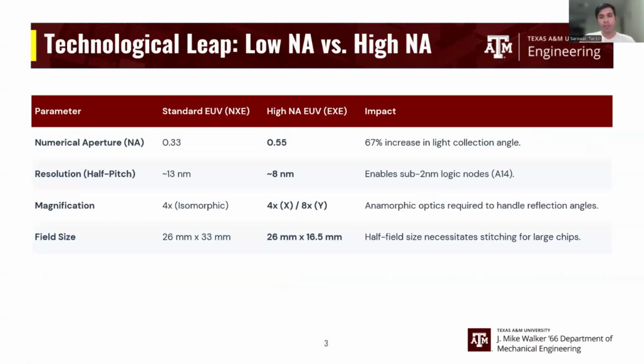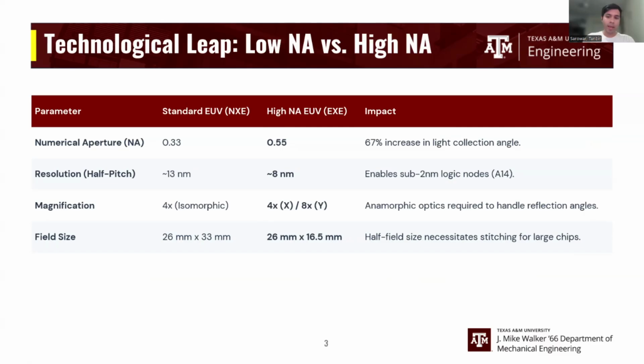Moving on. So let's start by quantifying the change we have with high numerical aperture lithography. You see there is a comparison between the current standard systems known as NXE by ASML and the new high NA systems known as EXE. The most critical parameter here is the numerical aperture, which we are increasing from 0.33 to 0.55.